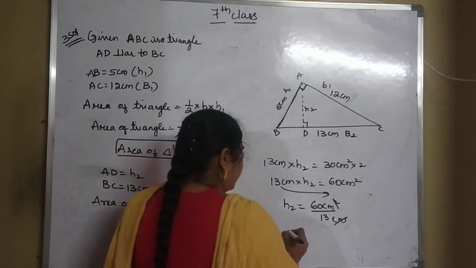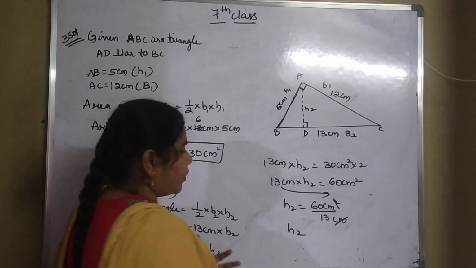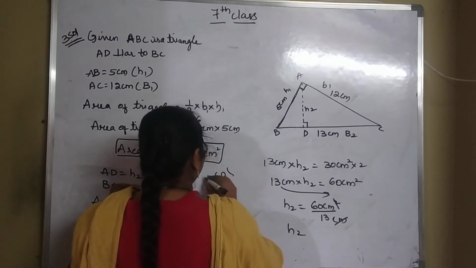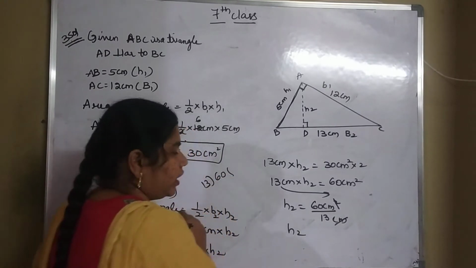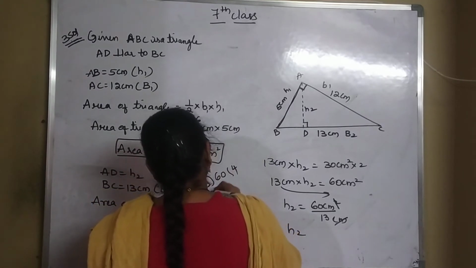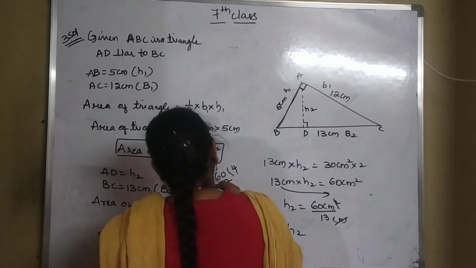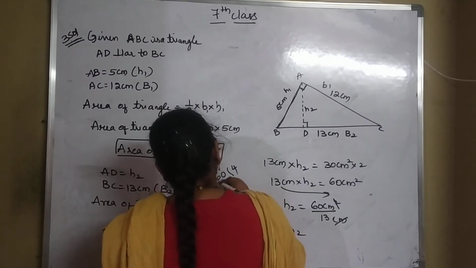So we can write in the form of mixed fraction, or you can write in the form of decimal points. So how can you write? Just divide this 60 with 13. Okay, so it will be 13 fours are 52.